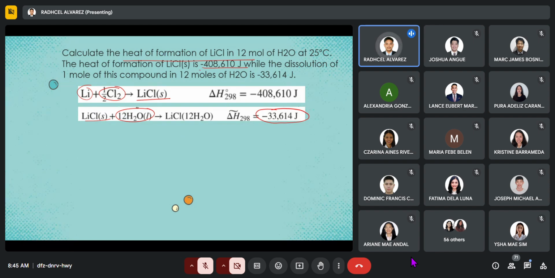Now, by Hess law, we're going to simplify our equation. So ano ang makakancel sa ating equation? Dito sa ating reaction, paano ba tayo nagka-cancel? Di ba magka-cancel tayo if yung isang component ay nag-appear sa right side tapos meron din siya sa left side. Ibig sabihin nasa opposite side sila. So sa components na nasa equation, ano yung ating maka-cancel? Alin kaya dyan yung nag-appear sa left side at sa right side?